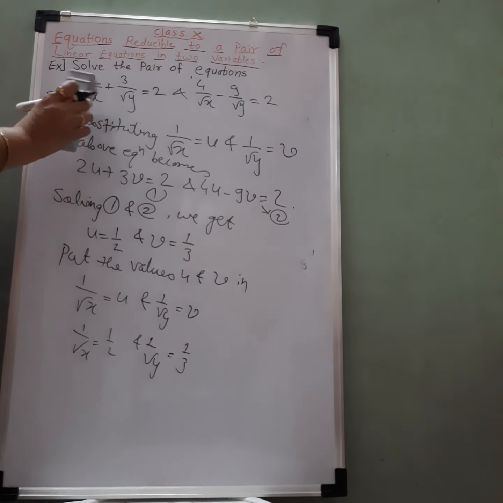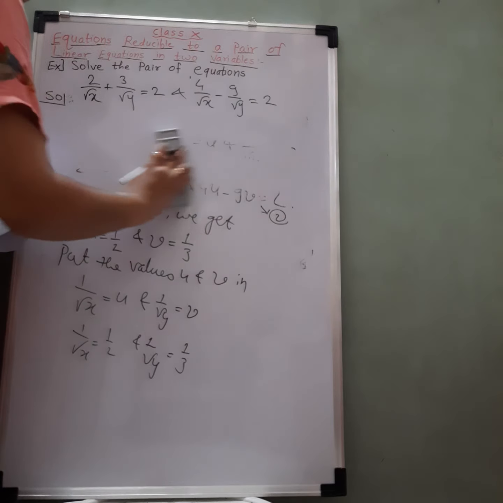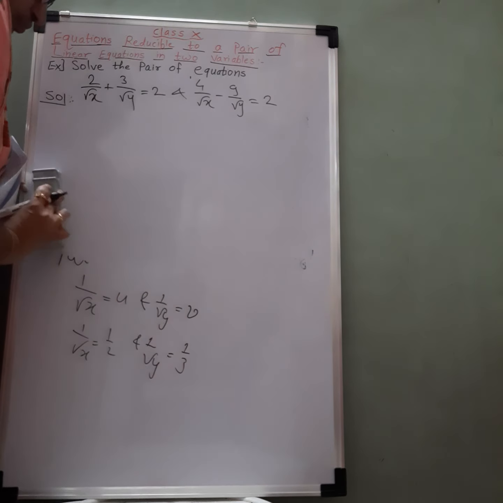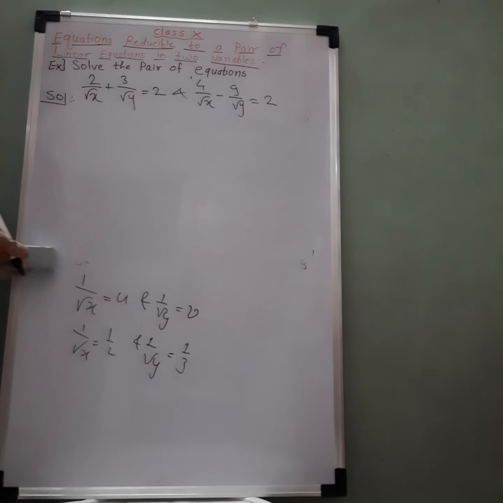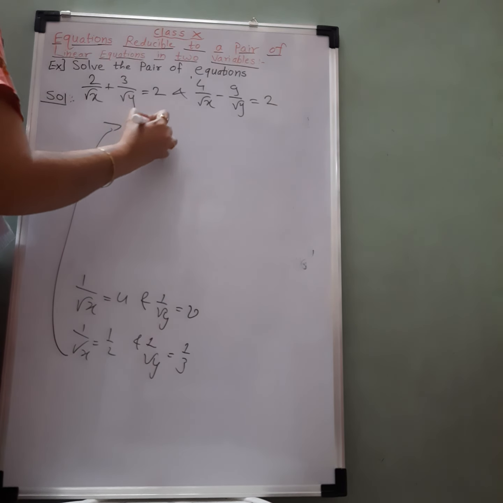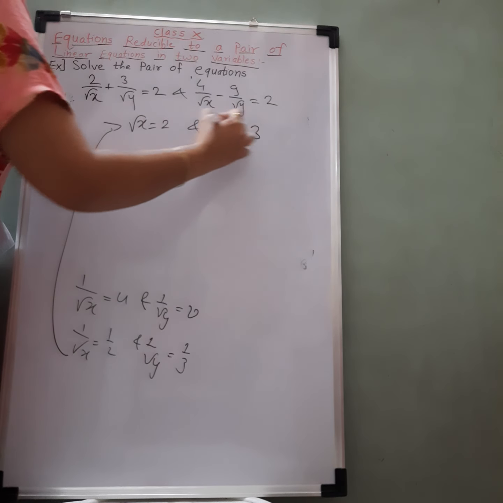Now cross multiply it, you will get root x is equal to 2 and root y is equal to 3.